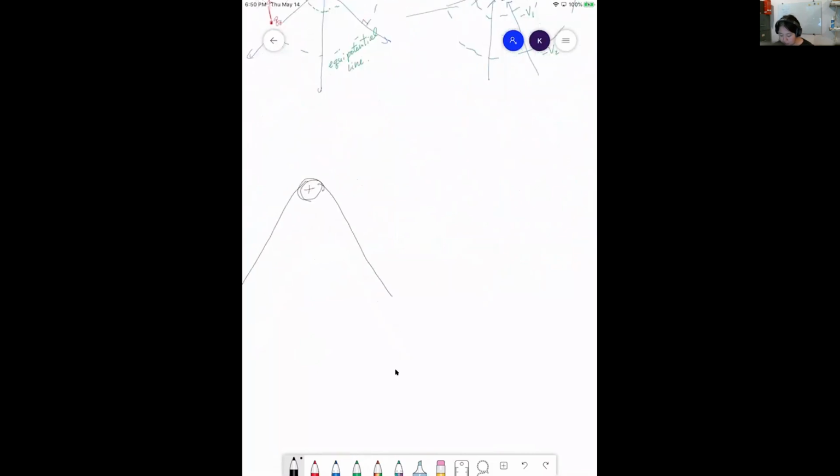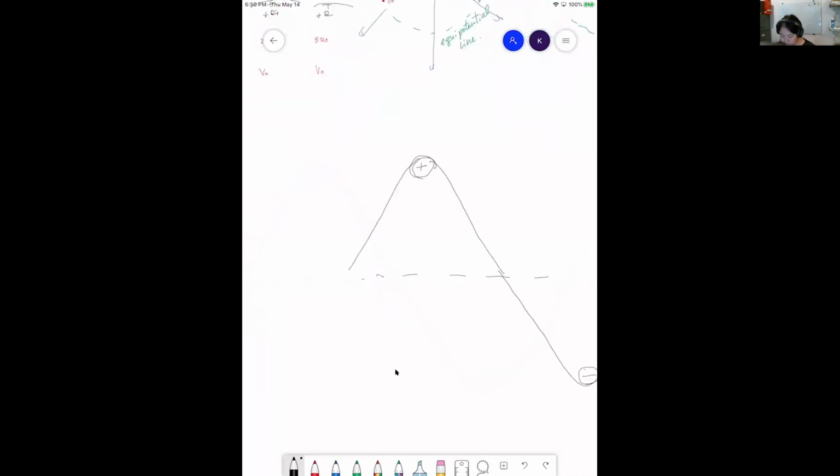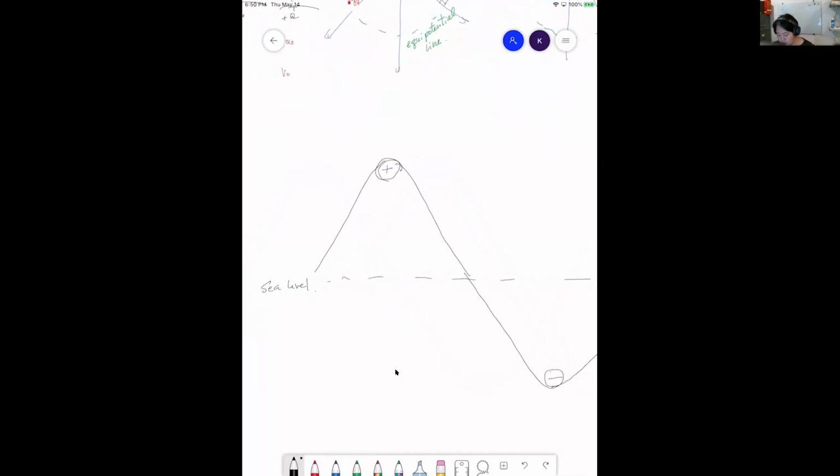And then a negative Q creates a valley. Somewhere here is going to be the sea level. Let's say this is the sea level, right? So what we're seeing is the side view. Side view.